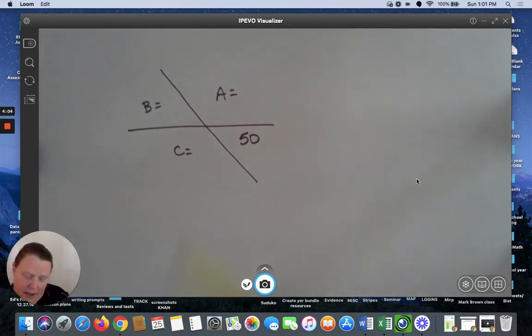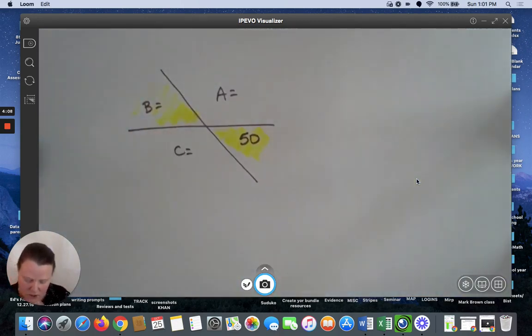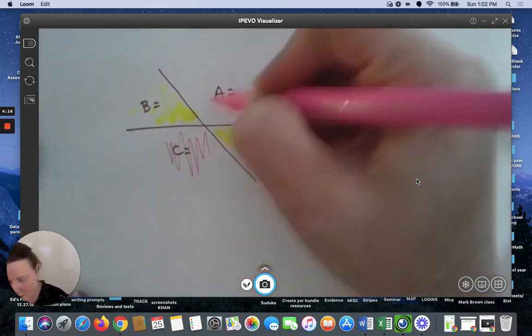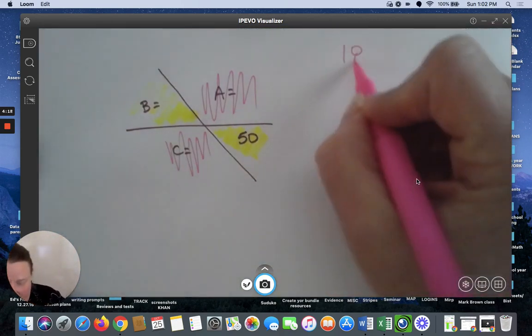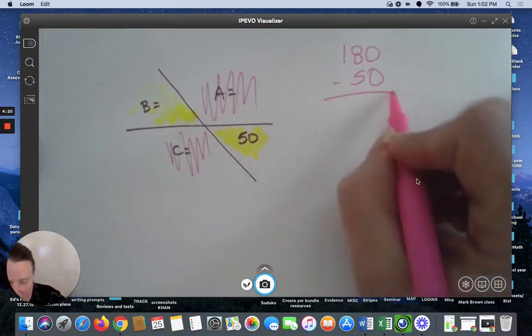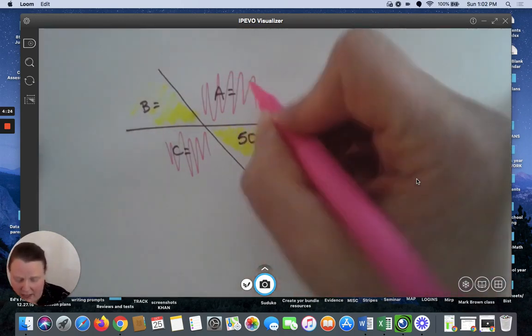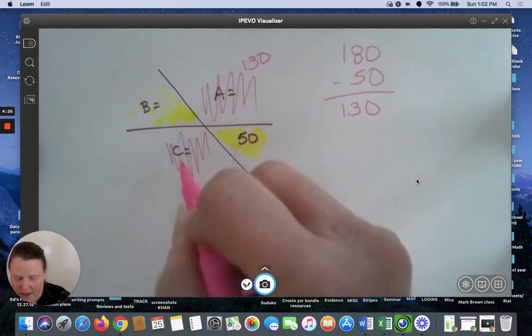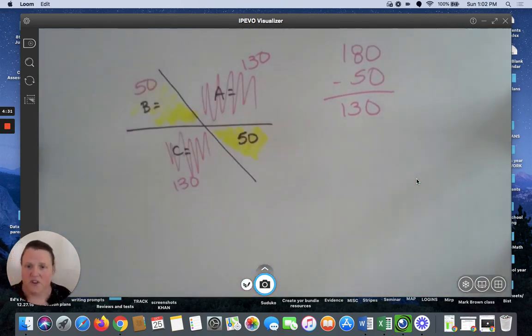So we're going to go ahead and mark those. So this one and this one are the same, which then make the ones on the opposite side the same. So those are going to be equal. So I'm going to take 180 minus 50, and I know that that works out to 130. So angle A equals 130, angle C equals 130, and angle B equals 50.